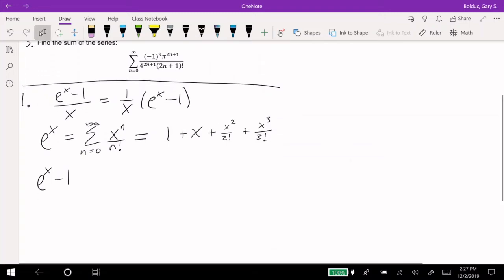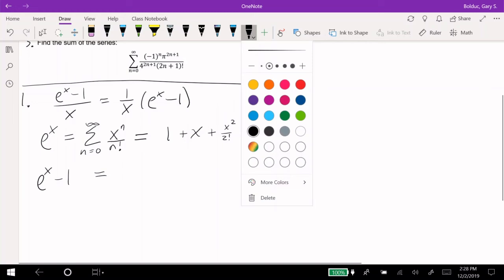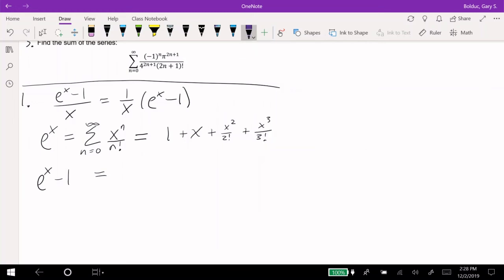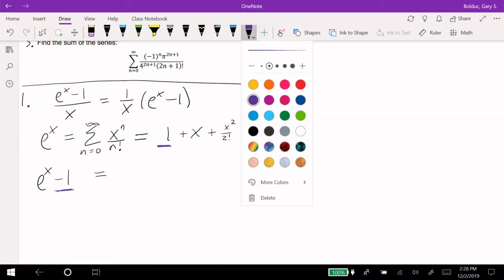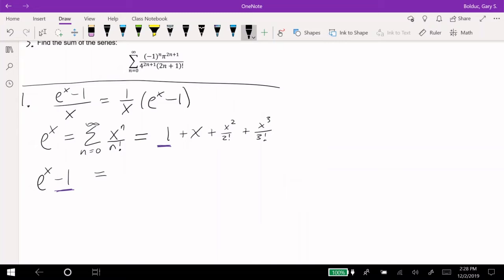We can leave that. Okay, so then e to the x minus 1 will be just subtract 1 off. And so what's going to happen here is the 1 and the 1 are going to cancel, which will just leave you with x plus x squared over 2 factorial plus x cubed over 3 factorial with a bunch of extra stuff here.